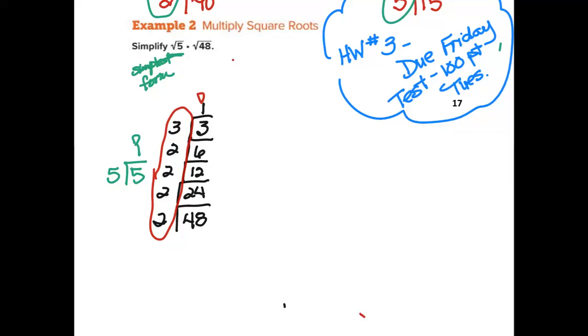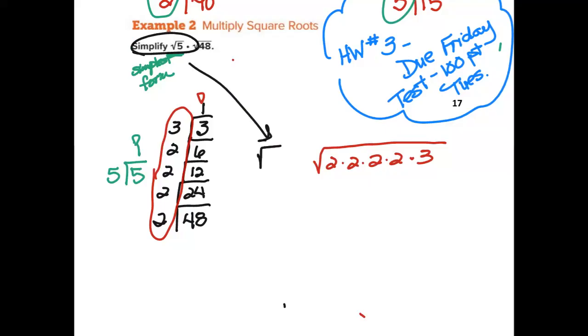So I'm going to rewrite this. I rewrite it as 2 times 2 times 2 times 2 times 3. And then we also have this square root of 5. Now, since that is under the radical, I can just move that back here to the end. Then I'm going to circle my pairs.